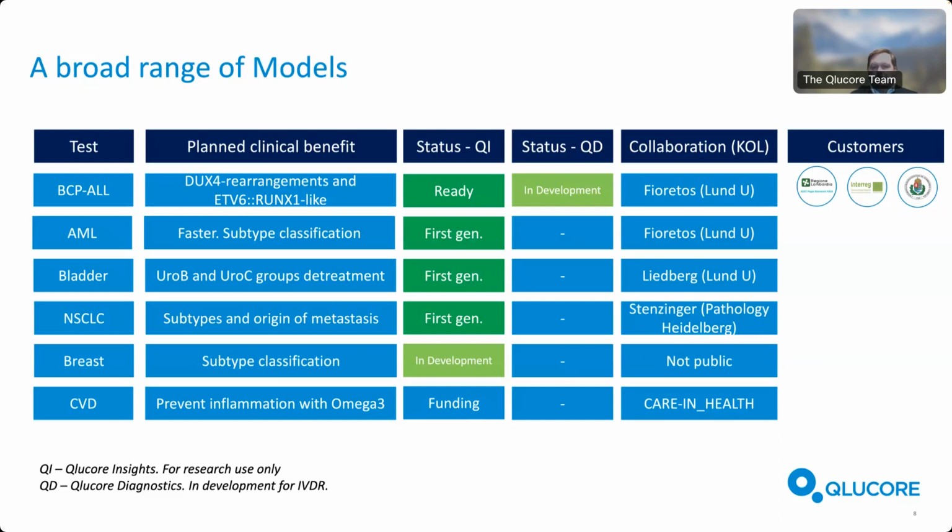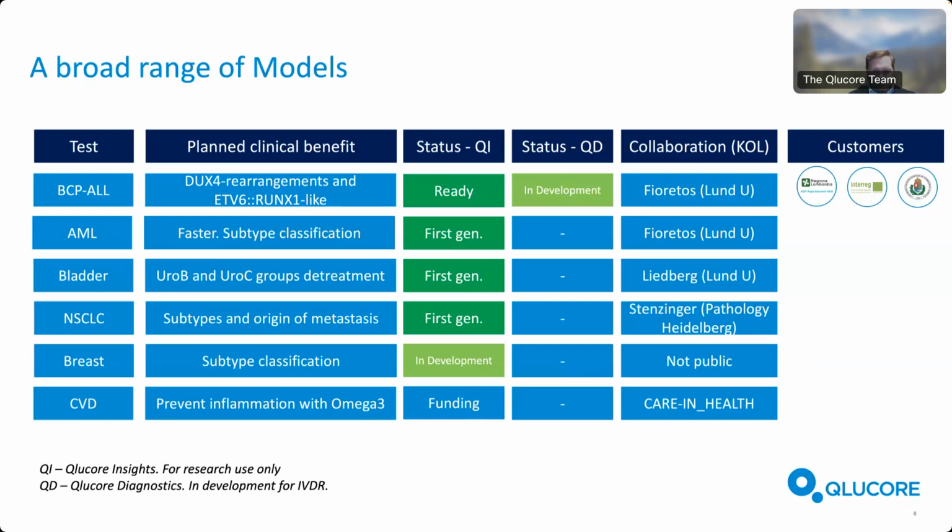And on top of that, there is a breast cancer model under development, and in a very early stage, also a model for cardiovascular disease. So there is a lot available already now, but there is also plenty more to come, both new models and new generations of the existing models.